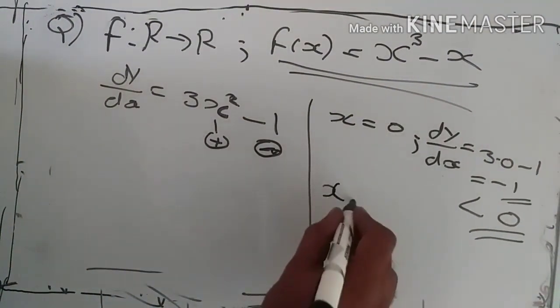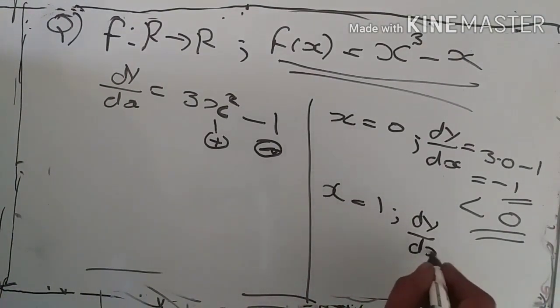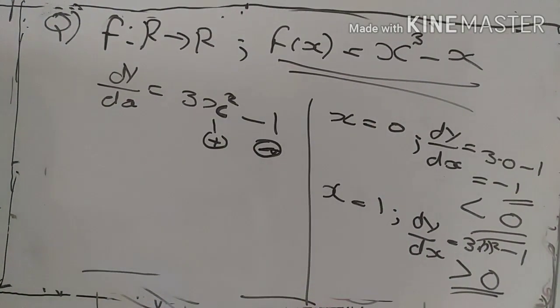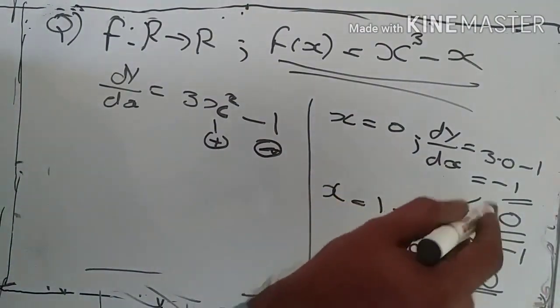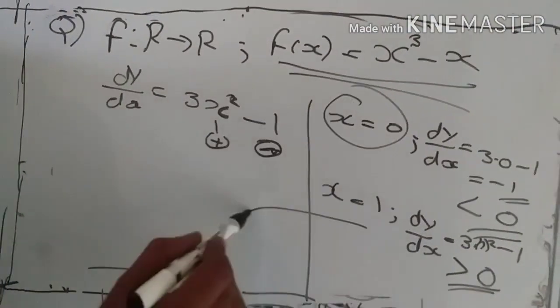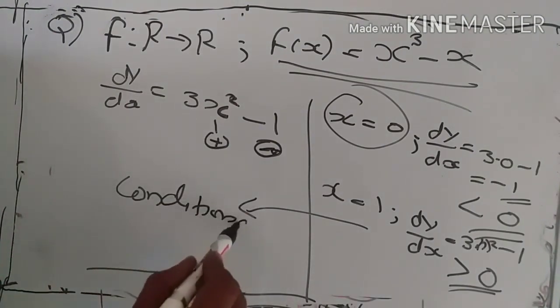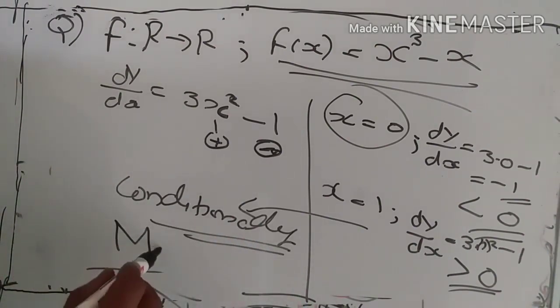For x equal to 1, dy by dx is equal to 3 into 1 square minus 1, that is greater than 0. So dy by dx is less than 0 at x equal to 0 and greater than 0 at x equal to 1. This is conditionally. The condition is imposed, so the function is many to 1.